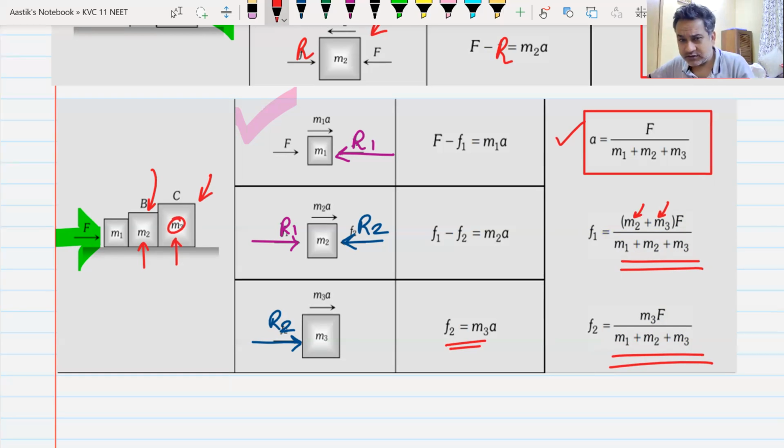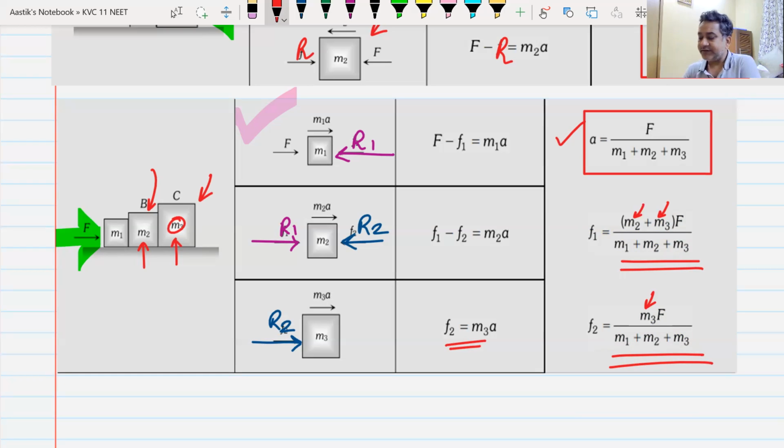The last block is only moving by the force coming from the previous block. So it is that block divided by the total mass. When you remember this thing, you can find out the answer for any case.